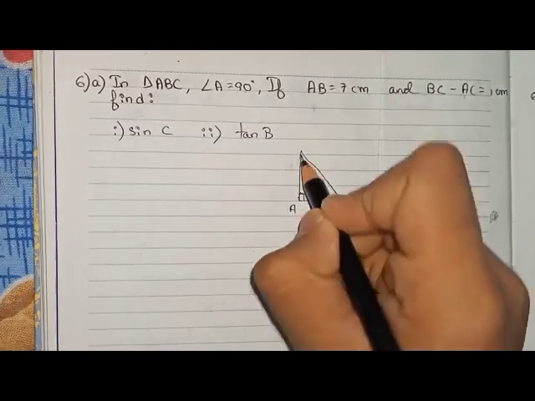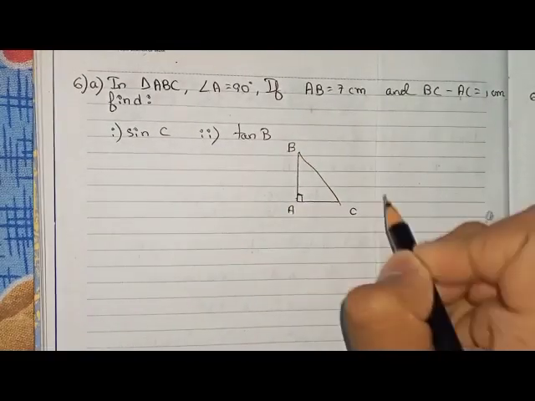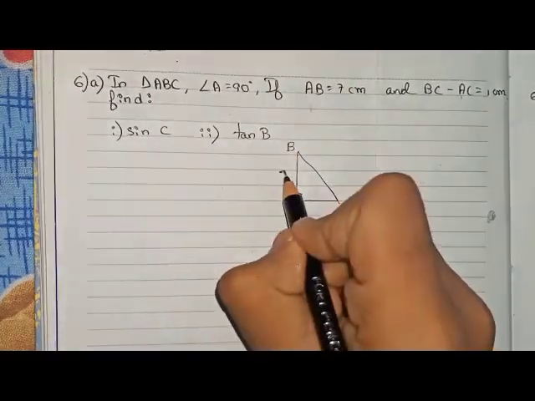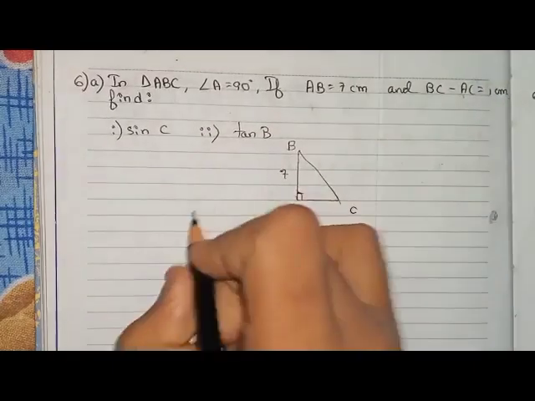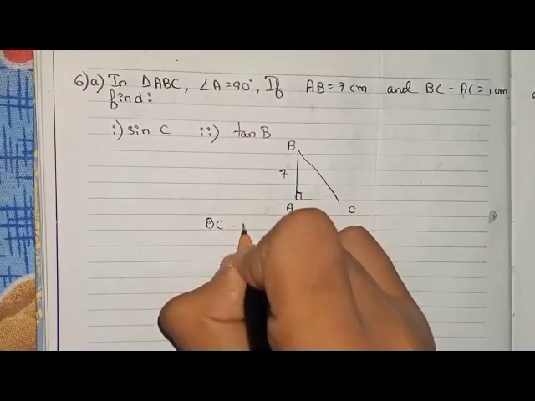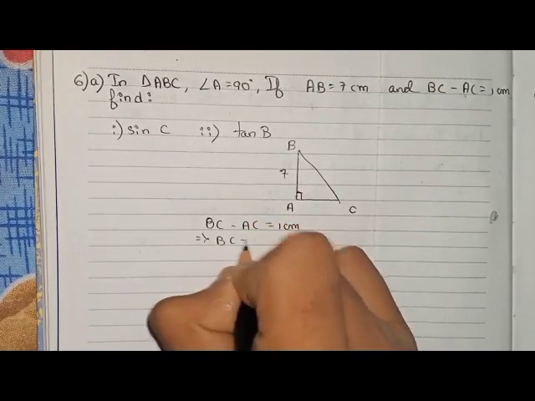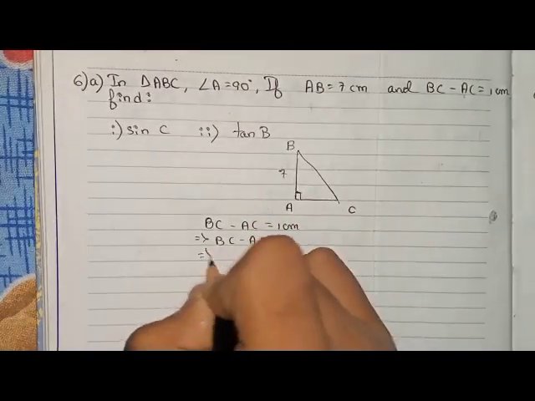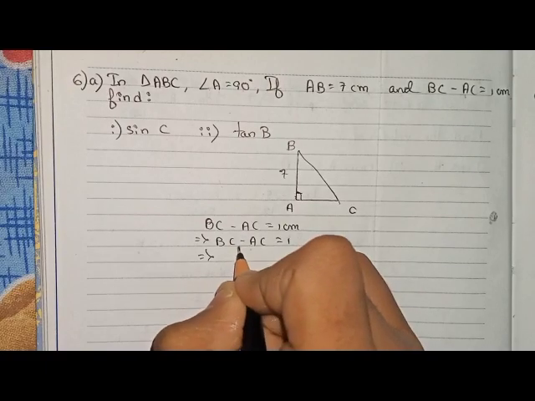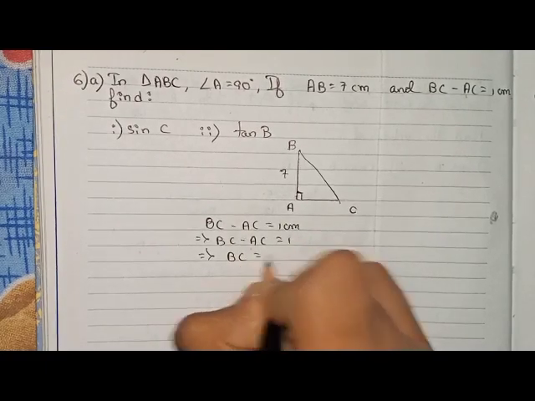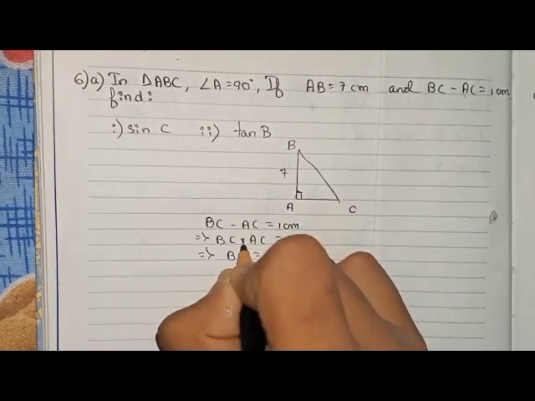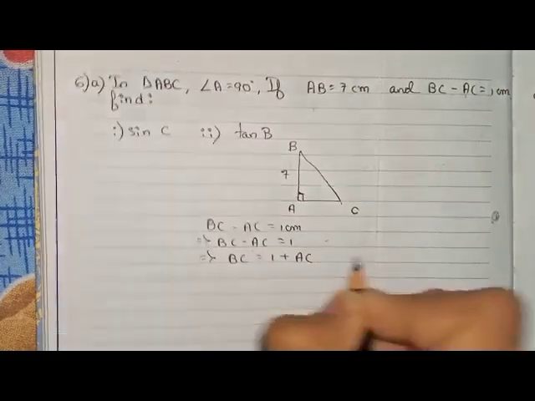So this is our A, this is B, this is C. AB is equal to 7 centimeters, and it is given BC minus AC is equal to 1 centimeter. So you can write it like this, BC is equal to 1 plus AC. Minus is going to that side, so it becomes plus.